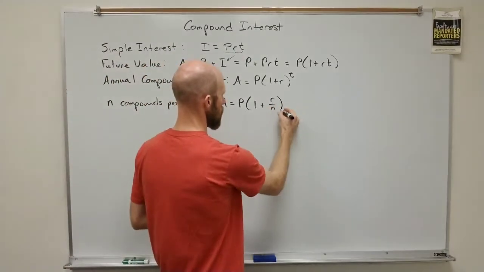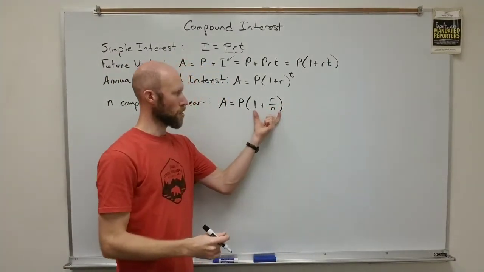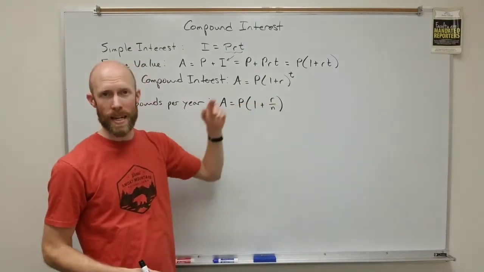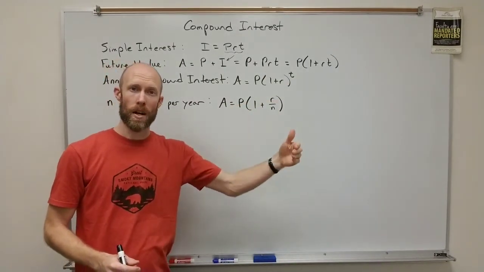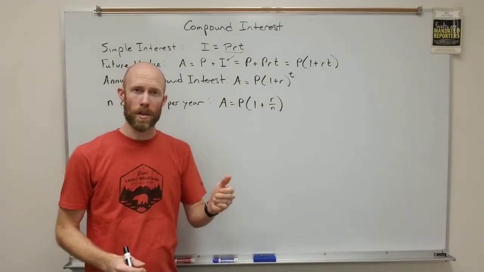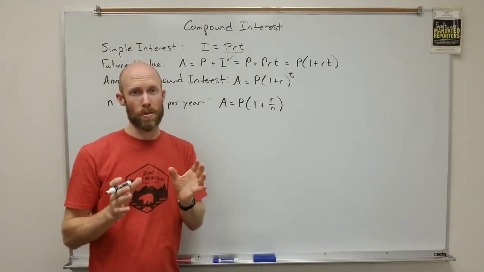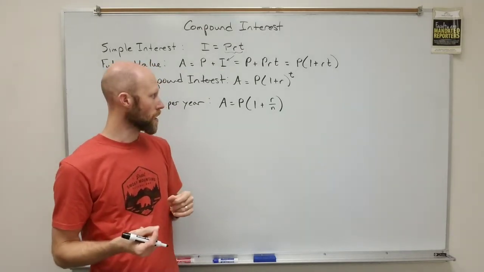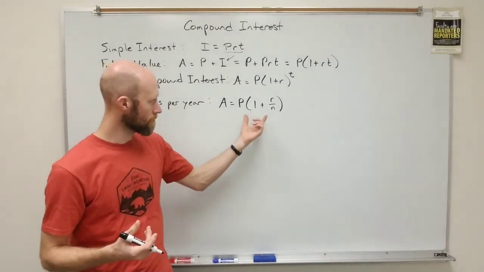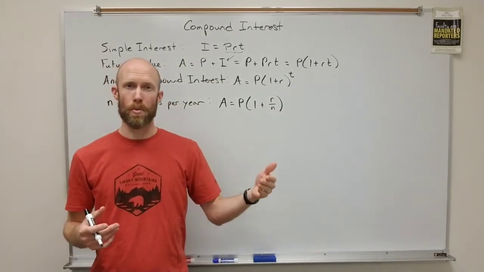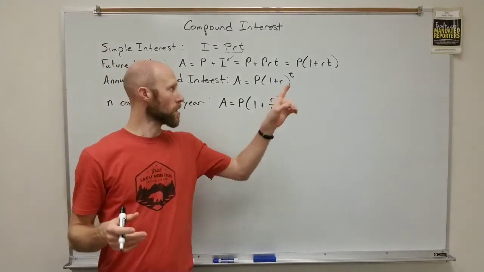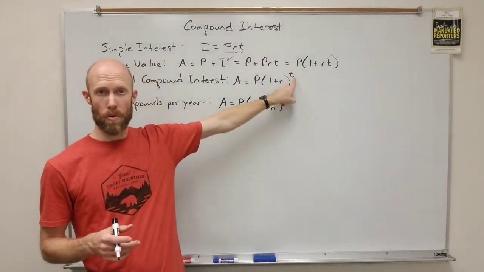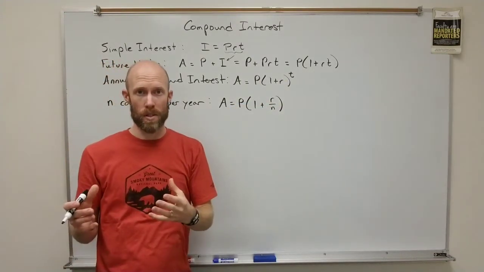Then the number of times you actually have to multiply by this factor isn't just t times. It's not just at the end of every year. It's actually at the end of every compounding period. And so, for instance, if it's again 12 times per year, then at the end of 1 year, if t is 1, you should really have a 12 up here as your exponent because you're applying it 12 times, once each month.